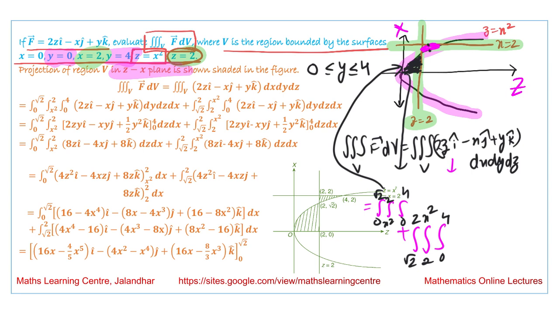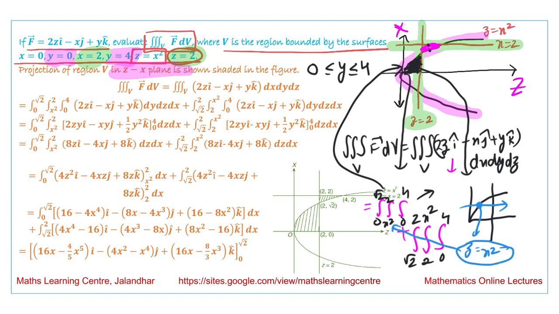I am again explaining these two portions. I am talking about this region, this first integral. These are the x's, this is the equation, this is the equation. Now we see how z is varying. Z is varying in this direction. At this point, the value of z is equal to x square, so it varies from x square to 2, where at this point the value of x is equal to 2.